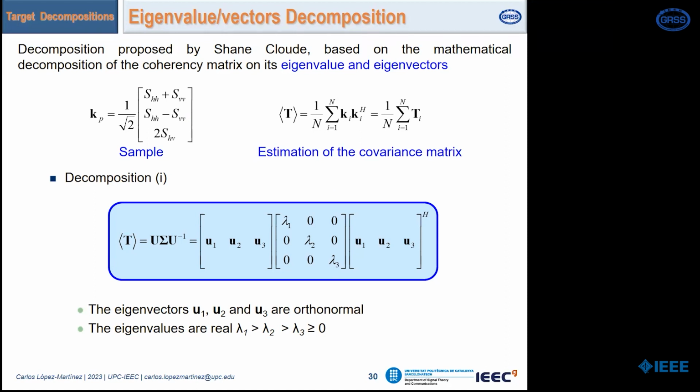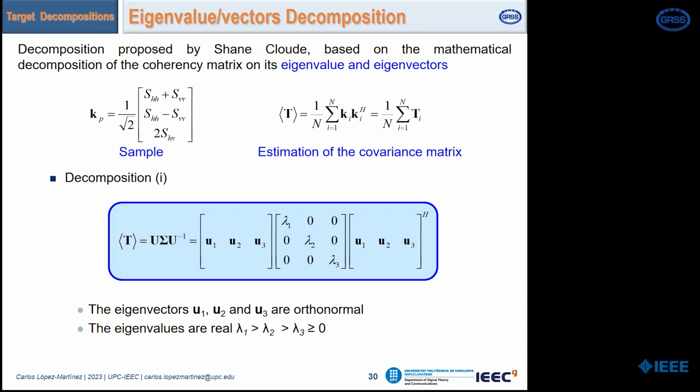If I have a matrix, I can decompose the matrix into the eigenvalues and the eigenvectors. This is the work done by Pottier and Cloude. Basically, I can decompose it mathematically into 3 eigenvectors and 3 eigenvalues, and therefore I can compose the matrix.